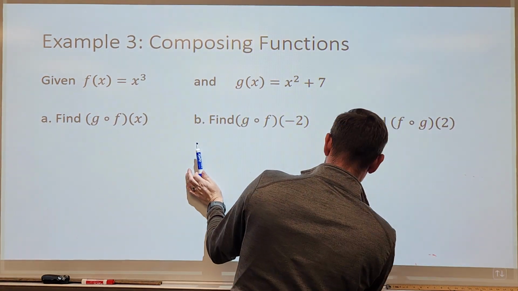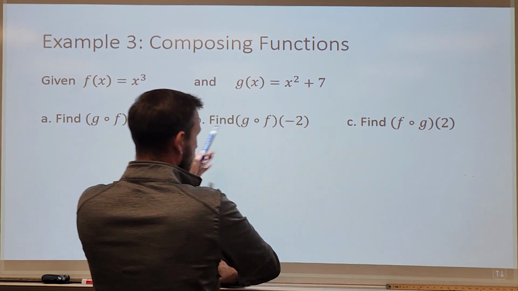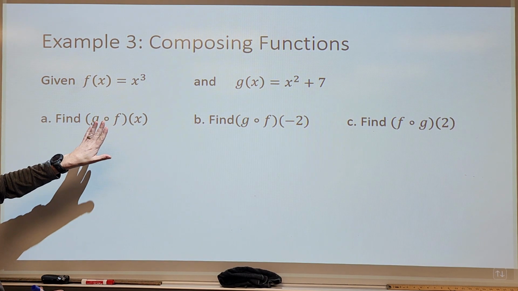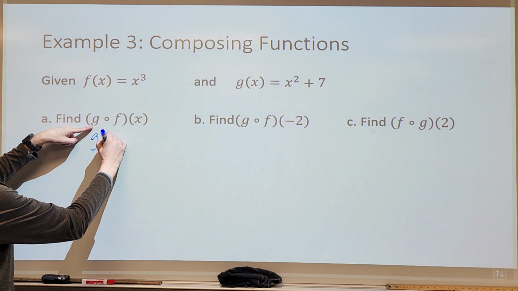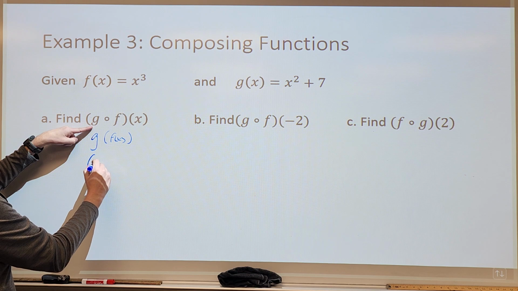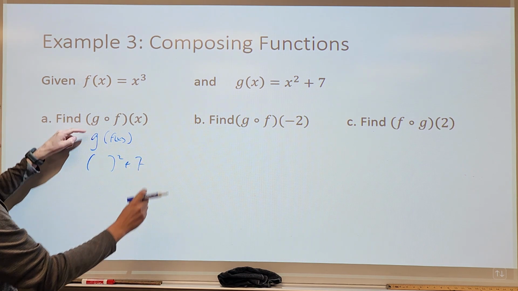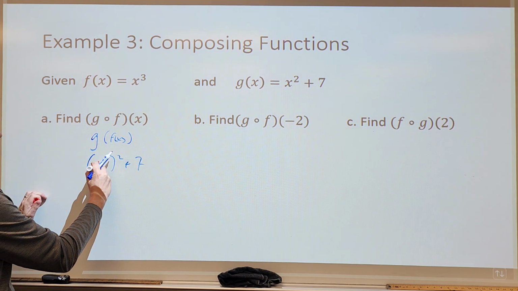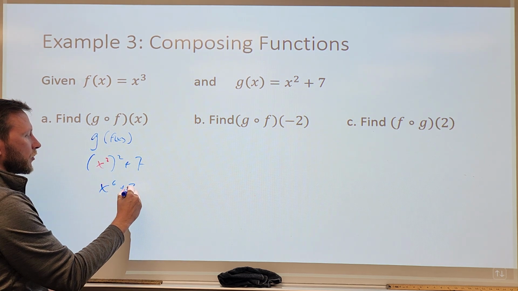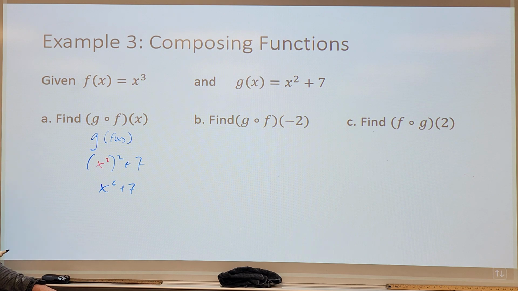For these, I have some where we are going to evaluate and some where we are going to just combine. So g of f of x means I'm going to be taking x squared plus 7, but in place of x, I'm going to be putting x cubed. So when I take a power to a power, I have x to the 6th plus 7. Not too bad, all right?